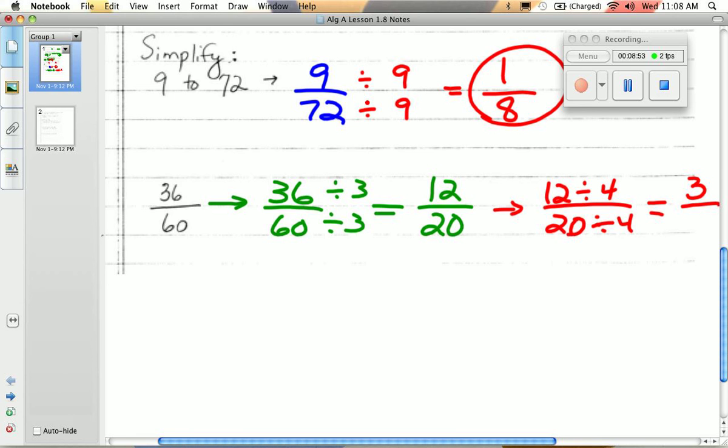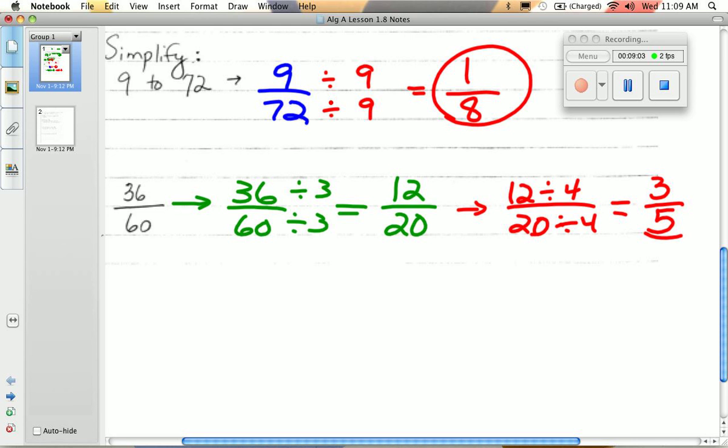And what's 20 divided by 4? 5. Okay. Anybody feeling like we can simplify even more? No. You think we're done? Yeah. Okay. We are done. They're both prime numbers, and so we cannot simplify that anymore. Okay. Any questions about setting up ratios, simplifying ratios?